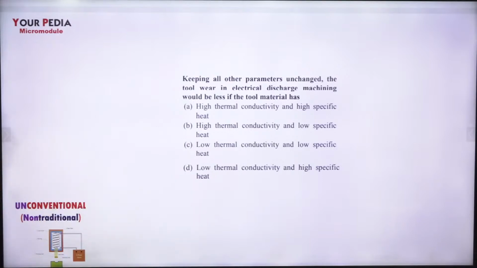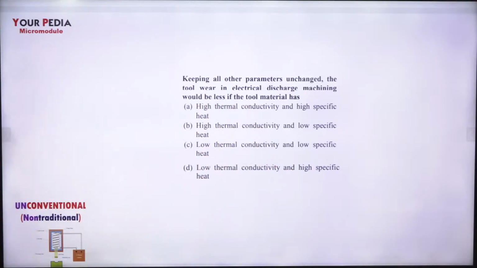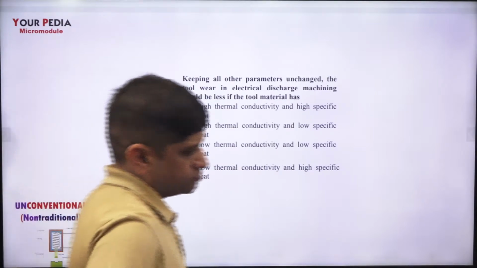Please answer this question. If I don't change any other parameter, tool wear in electric discharge machining would be less, and how is that related to the tool material? Tool material means thermal conductivity and specific heat.